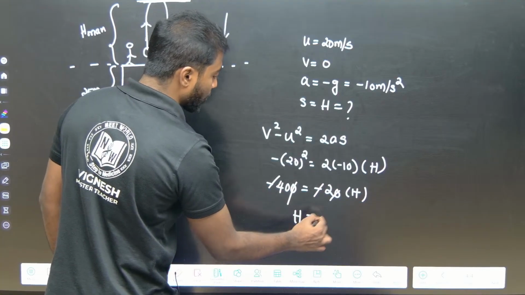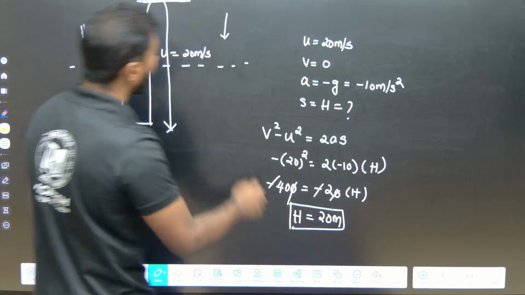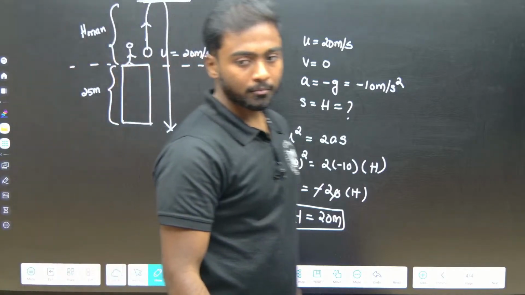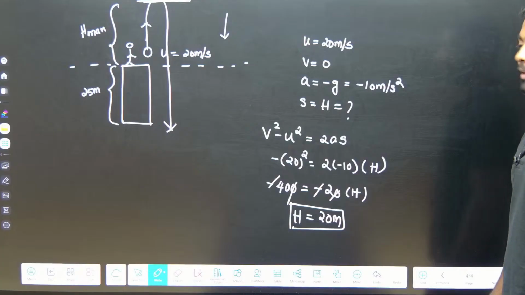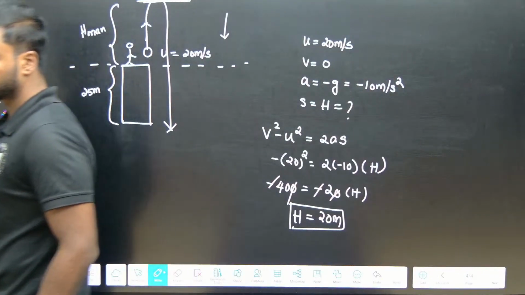So H will be equal to 20 meter. This is the maximum height the ball can reach. You can take a note of this, and we'll go for the next part of the question.